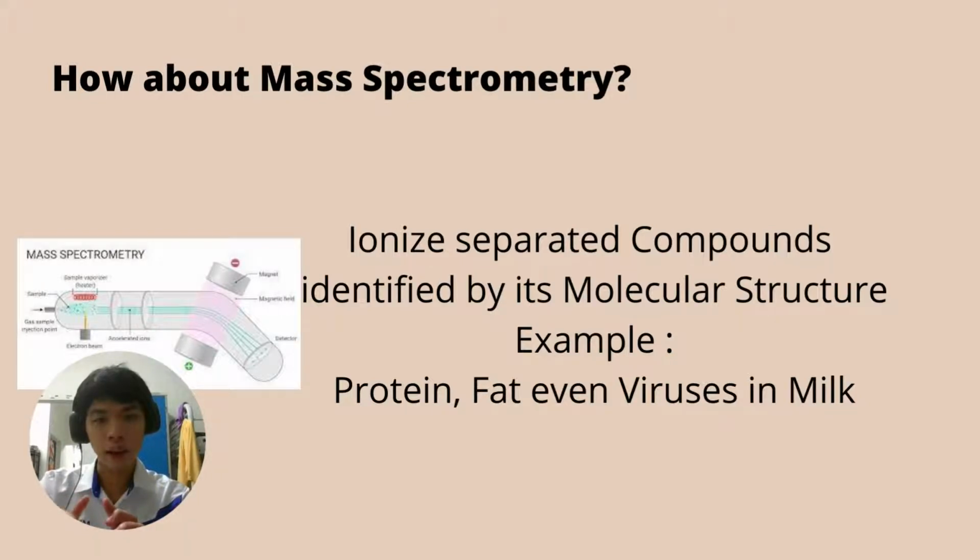By ionizing the analyte, we can obtain the difference between the molecules. Some proteins have heavy molecules, so they will move further and slower, and some fats may move faster because of their low molecular structure, and even the virus in the milk can be identified in the mass.